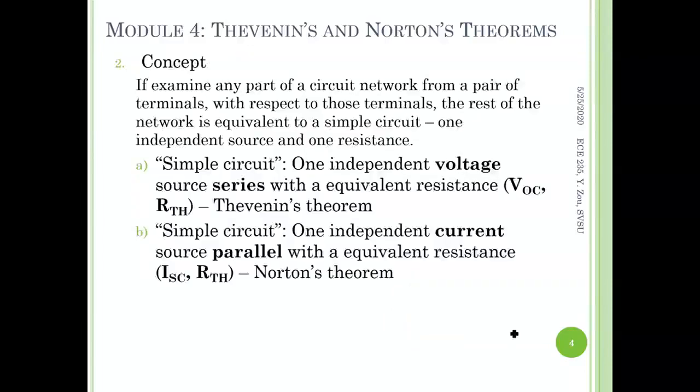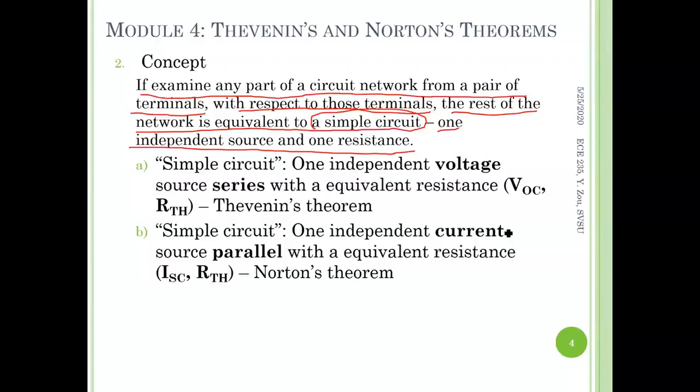To further explain the concept, what are they? If we examine any part of a circuit network from a pair of terminals, with respect to those terminals the rest of the network is equivalent to a simple circuit. What is a simple circuit? It consists of one independent source and one resistance.